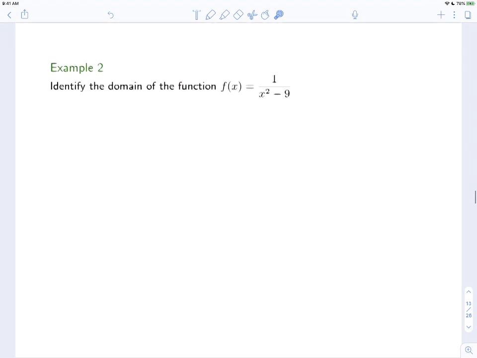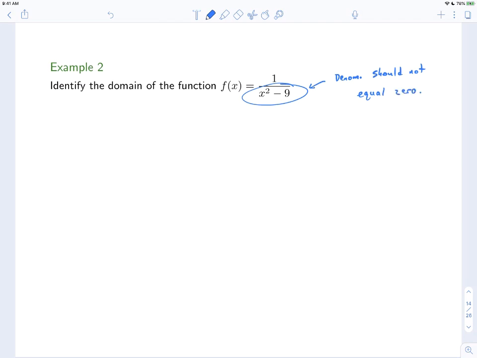So let's look at an example. We want to identify the domain of the function you see here. f of x equals 1 over x squared minus 9. This is a fraction, so we want to make sure that the denominator should not equal 0.